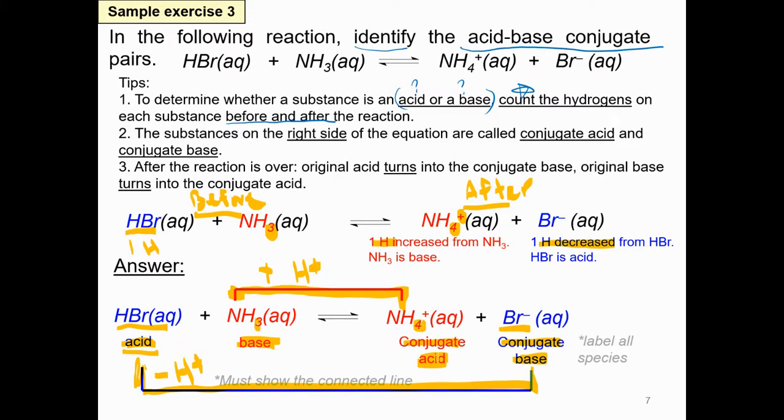And then the pair is just the opposite. If base, conjugate acid. If acid, conjugate base. That's all for this chapter: writing the balanced chemical equation for dissociation of weak acid, weak base, and also identifying the conjugate acid and conjugate base.